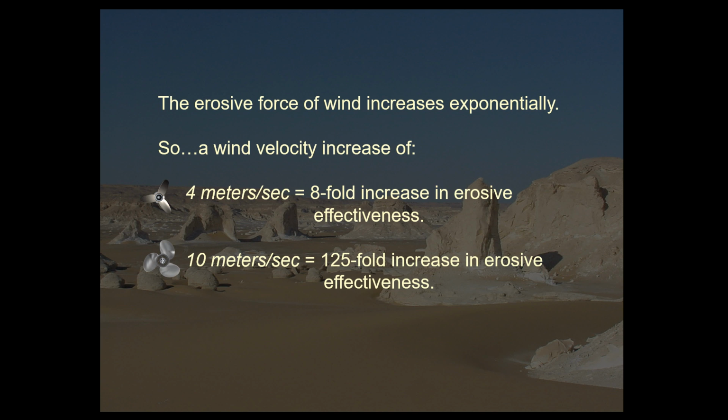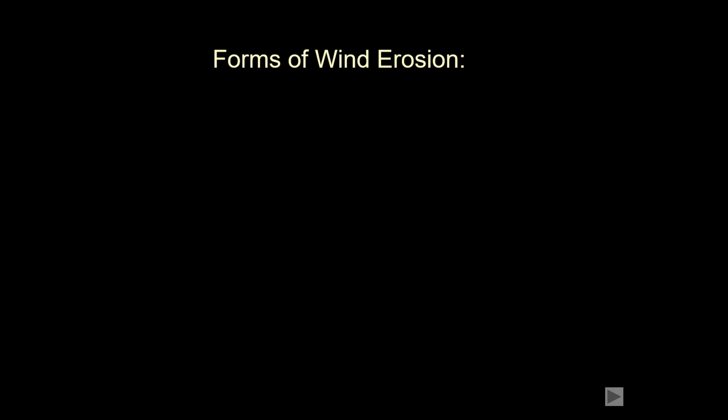A wind velocity increase of up to 4 meters per second leads to an 8-fold increase in the erosive effectiveness of the wind, and 10 meters per second, a 125-fold increase. So even a small increase in velocity makes a big difference in what wind can remove and carry.